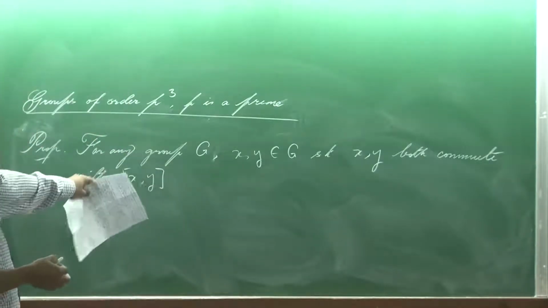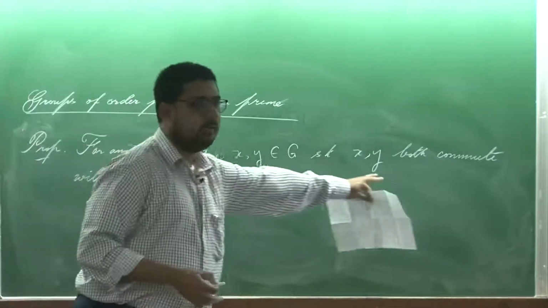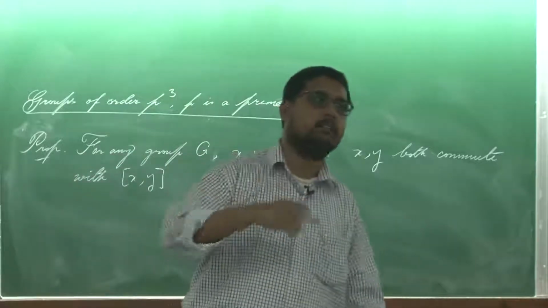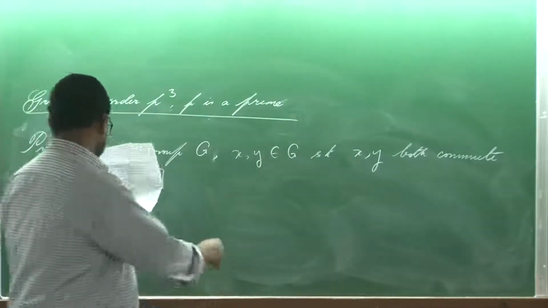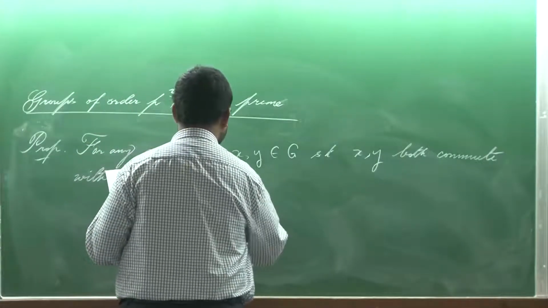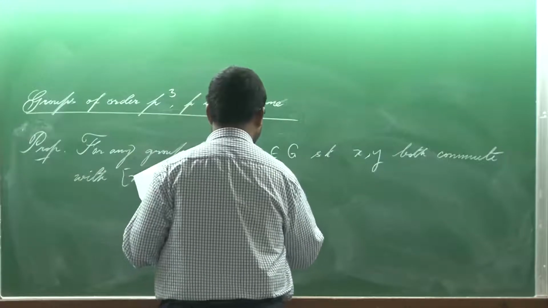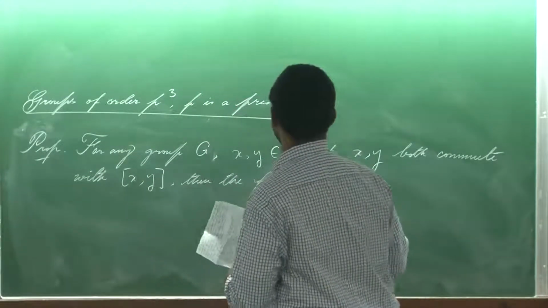So if this happens, that is, a group G and x and y are two elements such that both of them commute with the commutator of x and y, then one must have the following. The following holds for all n.